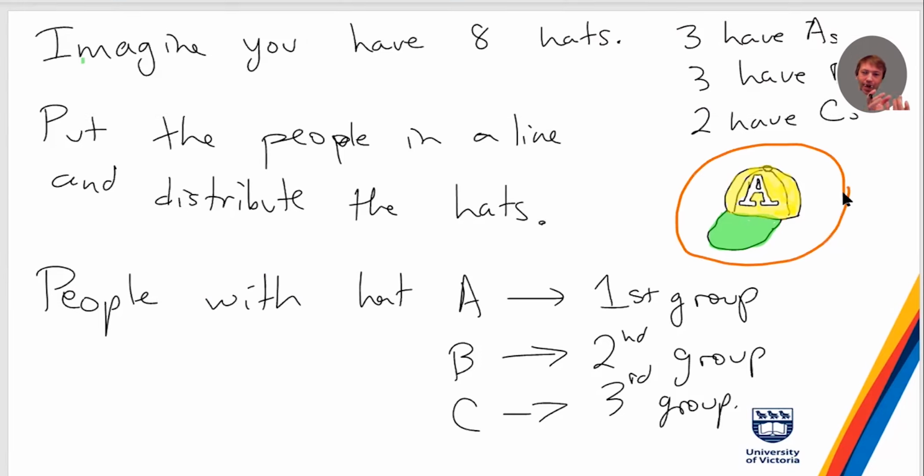And imagine I line these people up left to right, and I give 3 of them a hat that has an A, 3 of them get a hat that has a B, and 2 get a hat that has a C. And they put these hats on, right? And if you think about it, if I read the hats from left to right, that's going to make a word. So breaking people into committees in this way is basically the same as writing a word, if that makes sense.